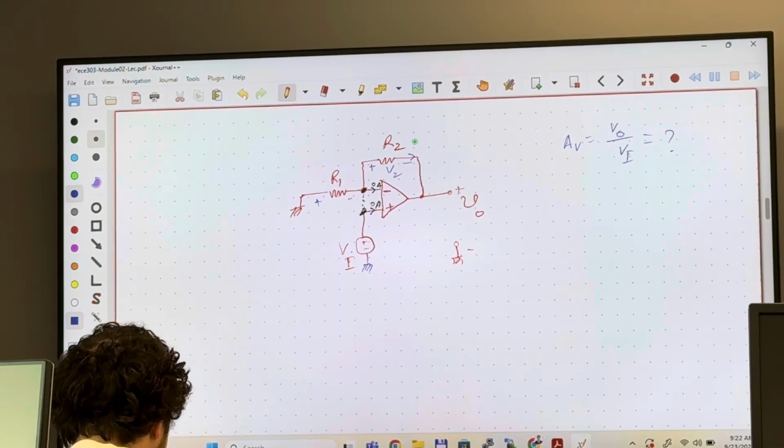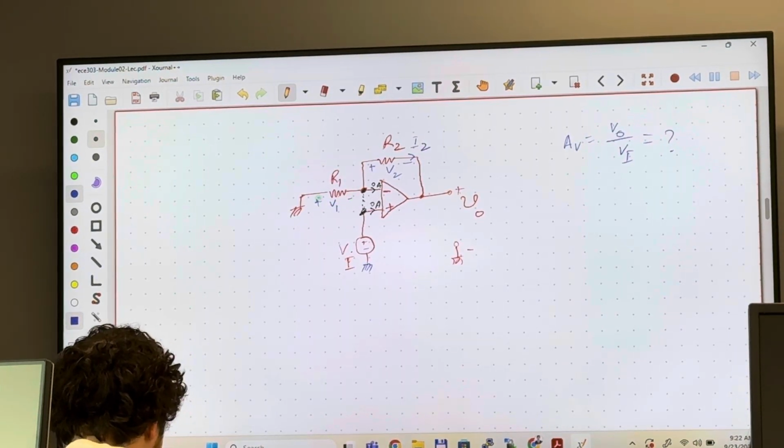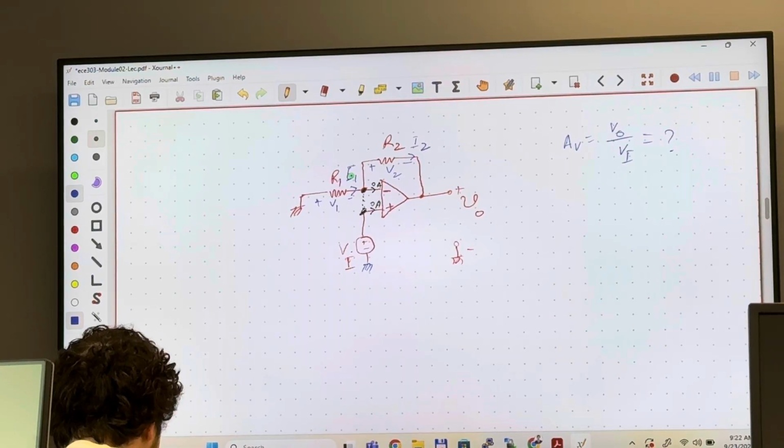So it is going to be I2. And because I put the reference here, it is going to be V1, and the current flowing through this R1 is going to be I1. So you can put I1 here.